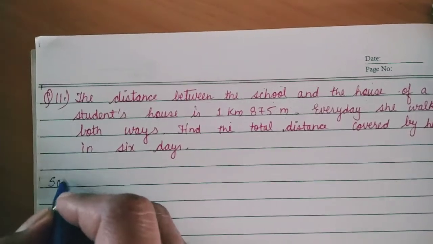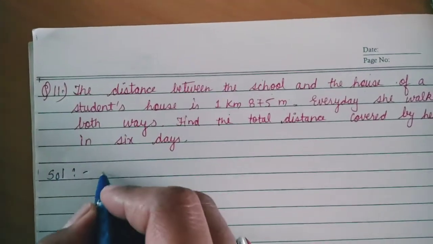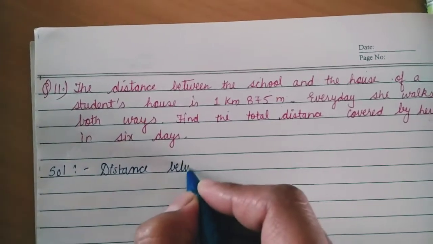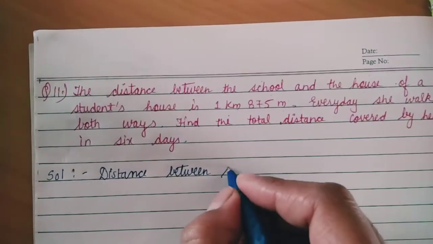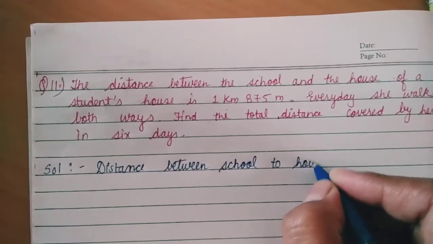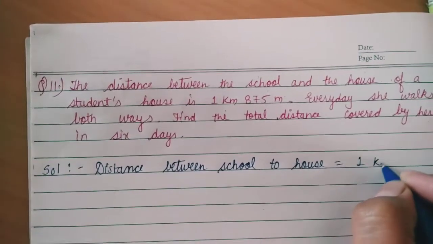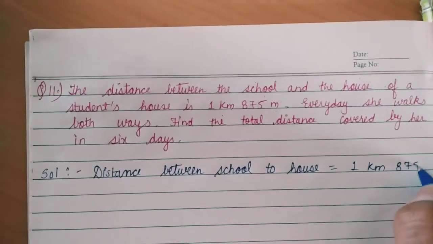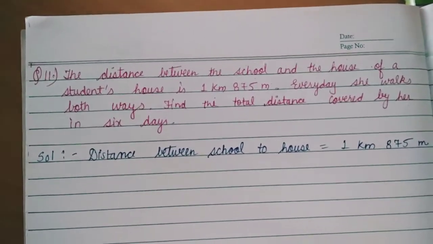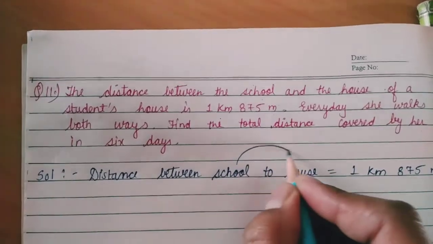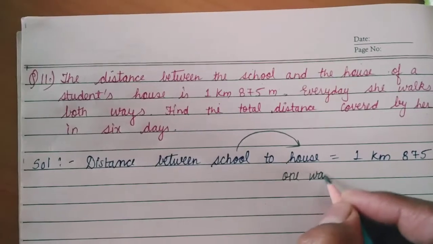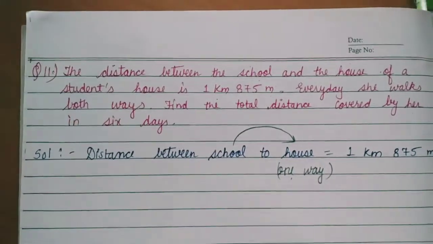So for the solution, what do we have? We have the distance between school and house, which is 1 kilometer 875 meter. You can simply see this time the student is going from school to home, which means only one way. This is the distance of one way.